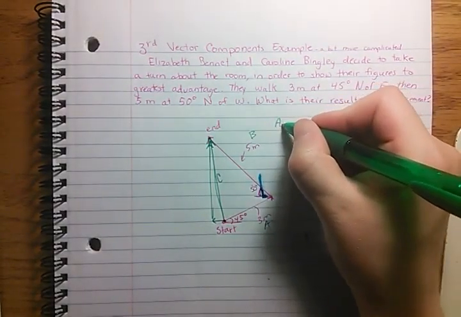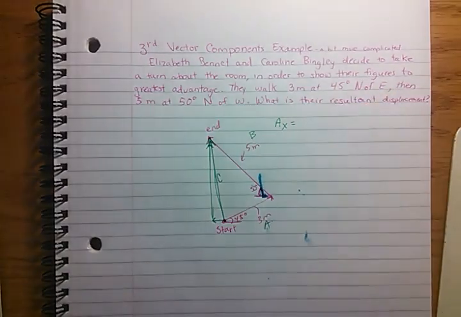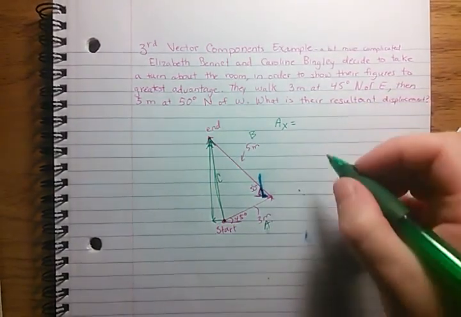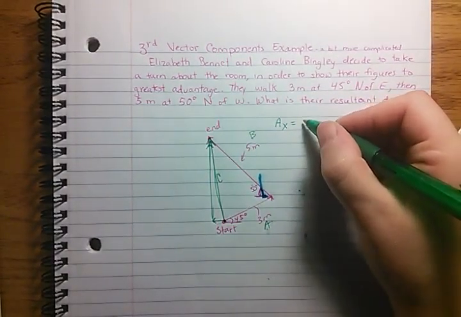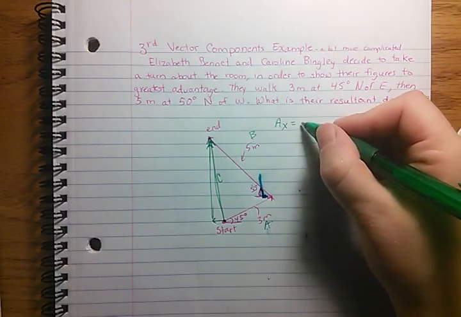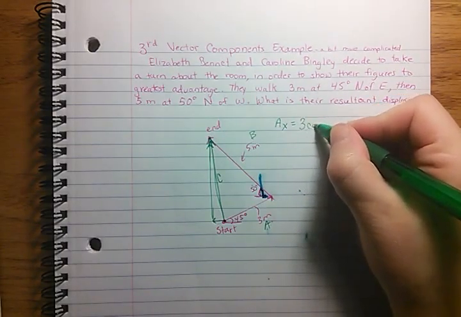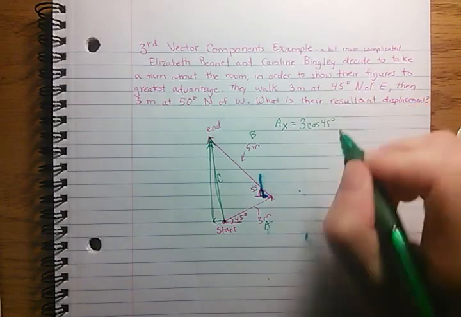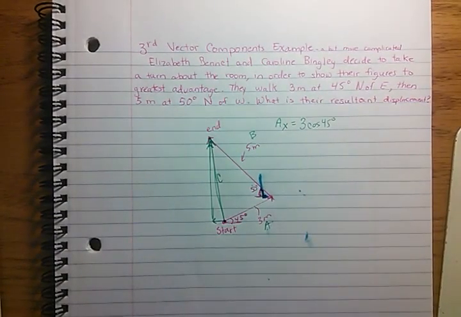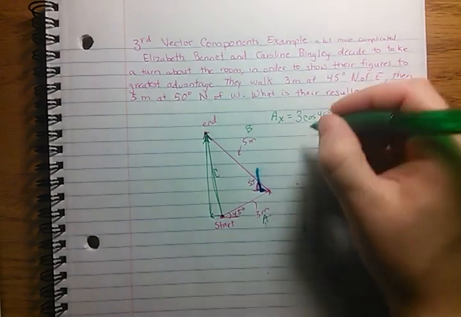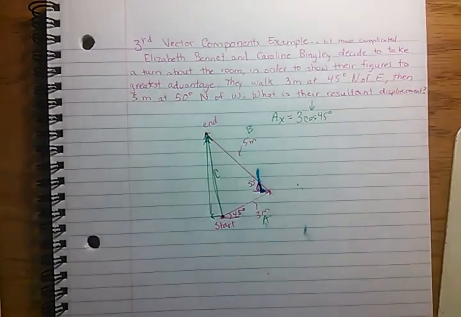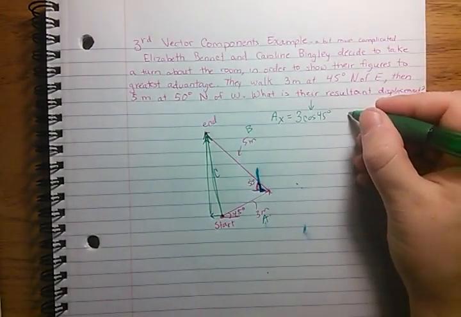So we're going to say Ax is equal to, and you should be able to figure this out by now, it should be 3 times the cosine of 45 degrees. So that is one of the main rules of components. When you're finding the x component, you use cosine. What about for the y component?